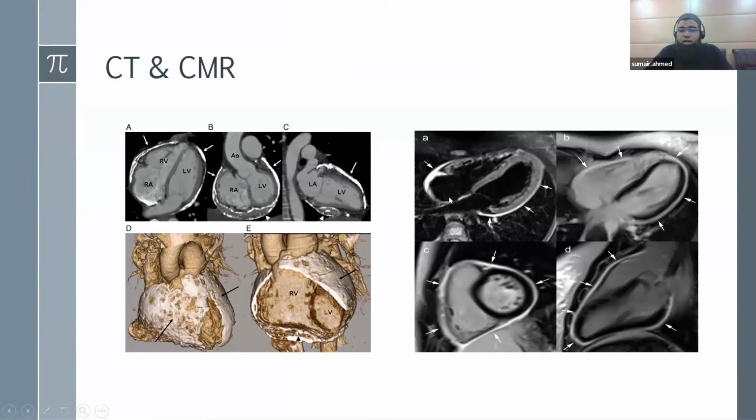CMR also helps in the diagnosis of constriction, and in acute pericardial disease, when it is inflamed, there is T2 and gadolinium enhancement because of the uptake. With inflammatory markers, we can start the therapy for acute pericarditis as well.